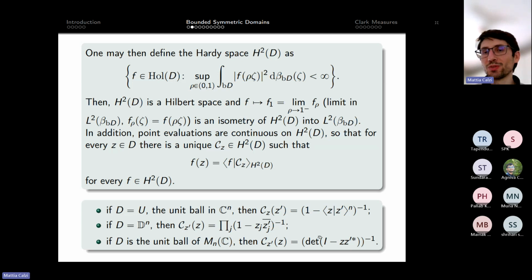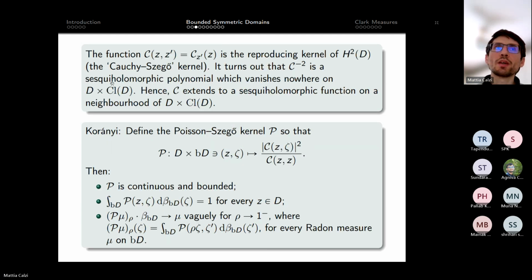Simply you have to use the determinant because this object here is a matrix. The star means the conjugate, the Hermitian transpose. And then we may define the Cauchy-Szegő kernel, as I said. These are the functions which represent point evaluations as a scalar product against these functions.